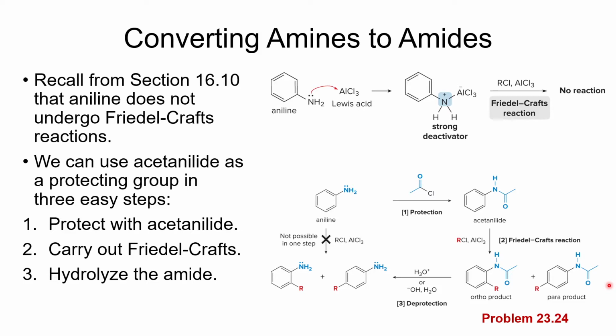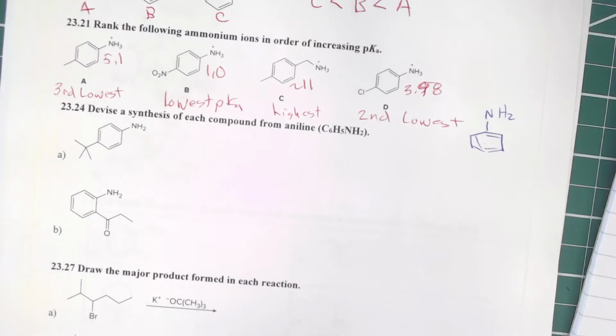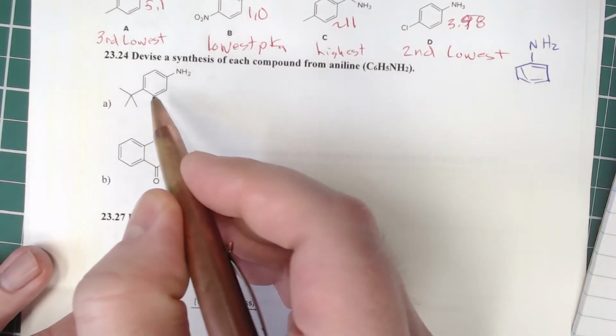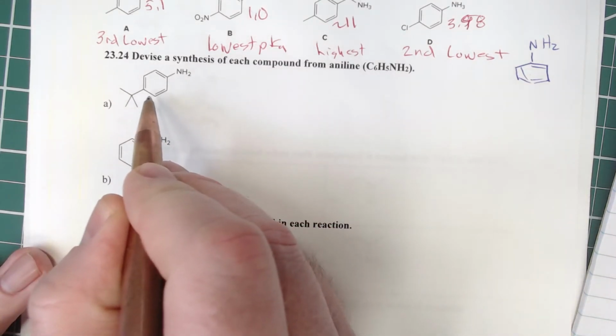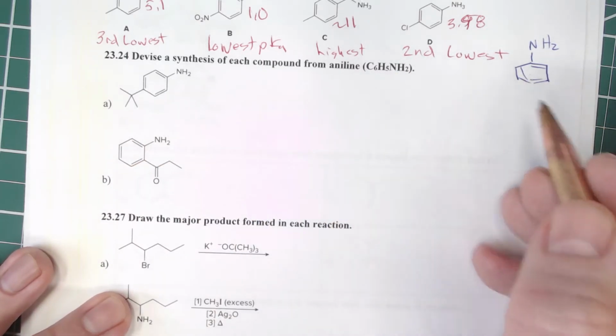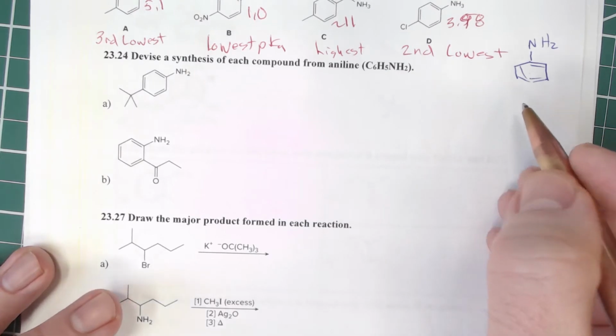So we're going to look at number 24. Number 24 is a synthesis problem. So we'll switch over here to our in-class assignment. Here we're trying to synthesize this particular molecule. Since we're starting from aniline, I have aniline right here as our starting material.